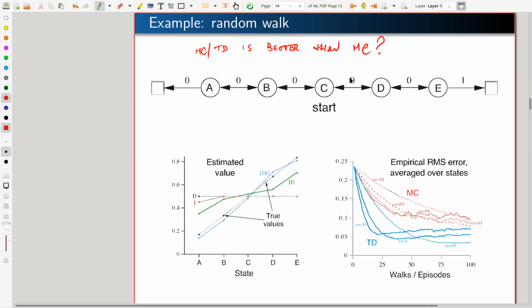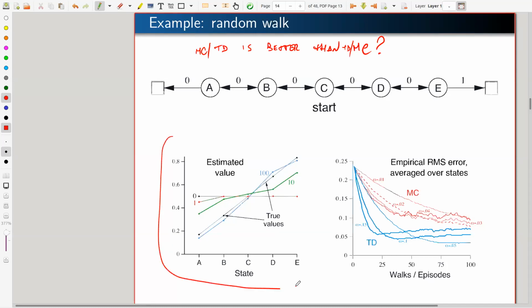Is Monte Carlo better than temporal difference? This is an open question, meaning you don't have a definite answer for this problem, but this is an instance of the problem, a very simple Markov reward process, where it can be shown by empirical experiments that the temporal difference methods are always better than Monte Carlo methods.